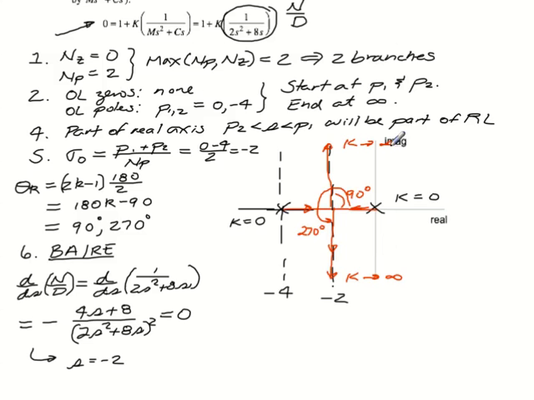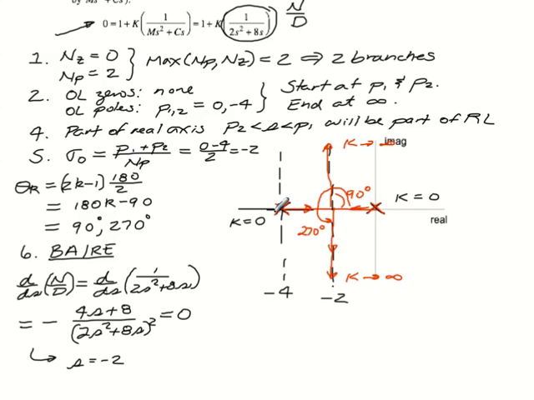So in summary, as always, our root locus starts at our open loop poles, in this case 0 and minus 4. They end up either at the zeros when they exist, and we have none here, or at infinity. And so we find out where in the real axis this occurs. This happens between P1 and P2. That's from Rule 4.